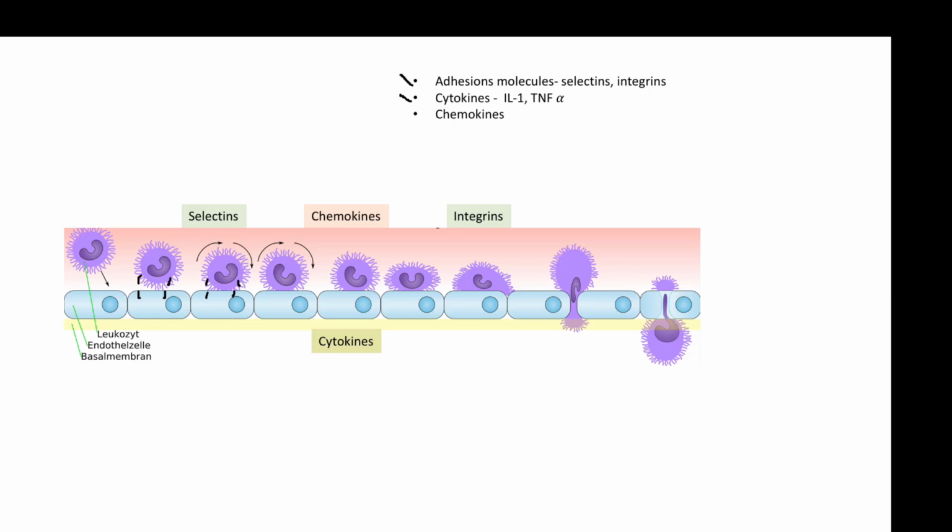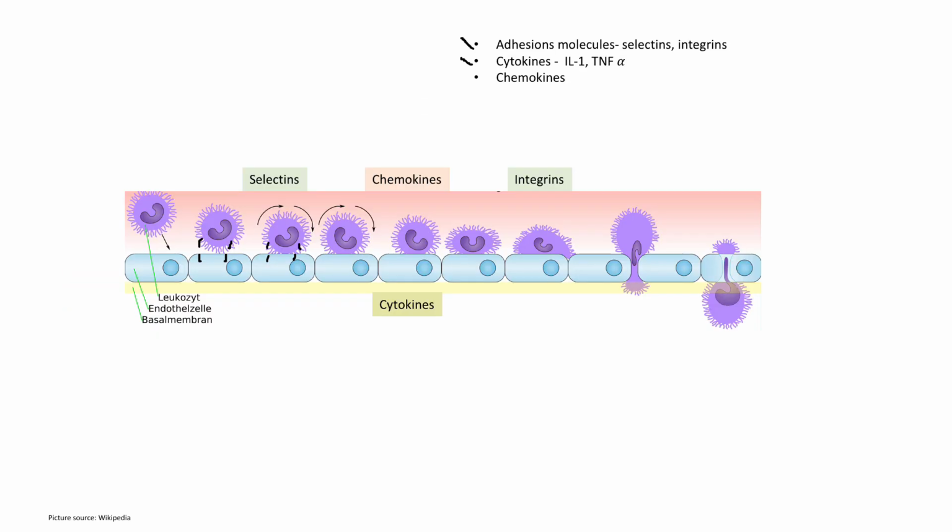These cytokines are produced at the site of inflammation, and they increase expression of these adhesion molecules. The third factor is chemokines. Chemokines affect some of these adhesion molecules, and chemokines also guide neutrophils to the site of inflammation.